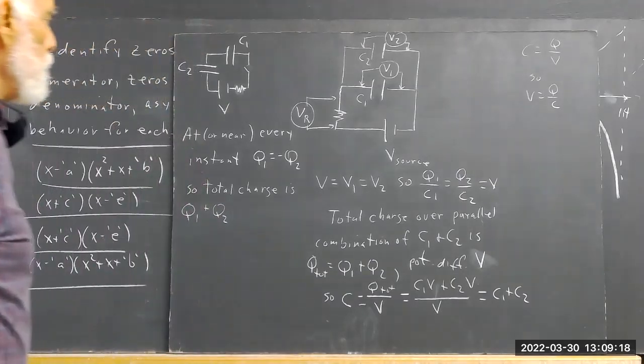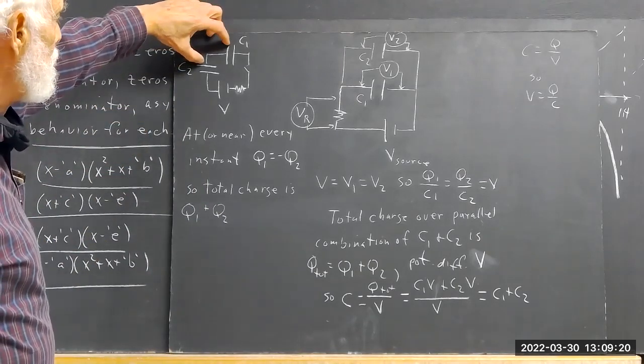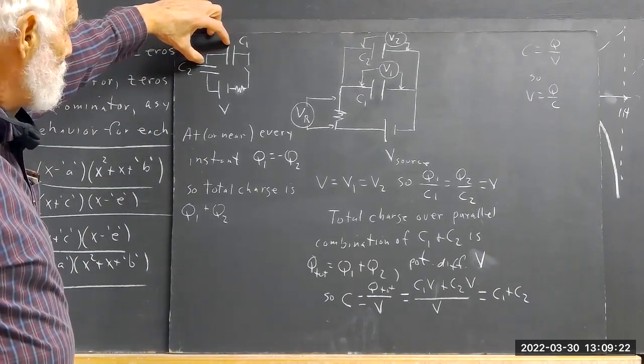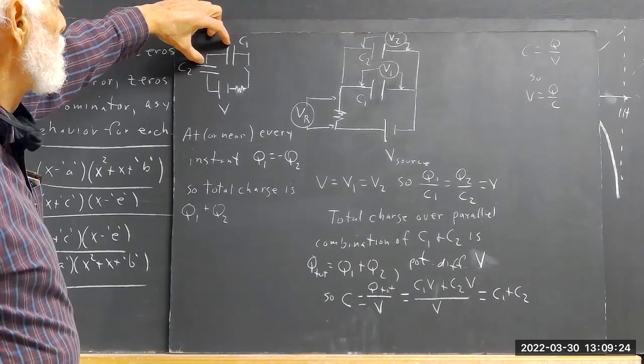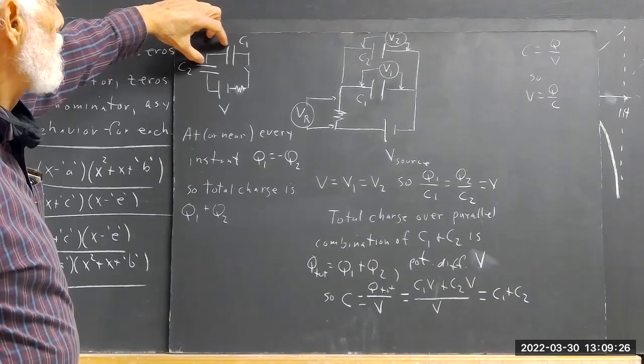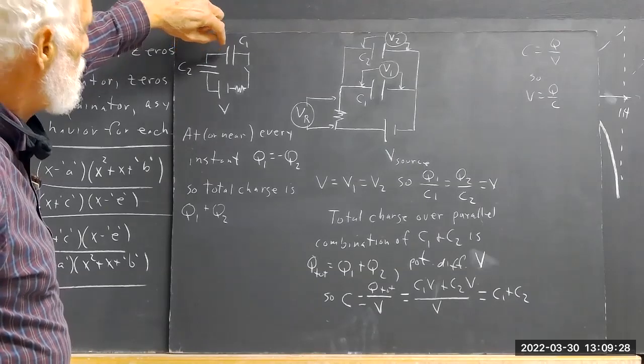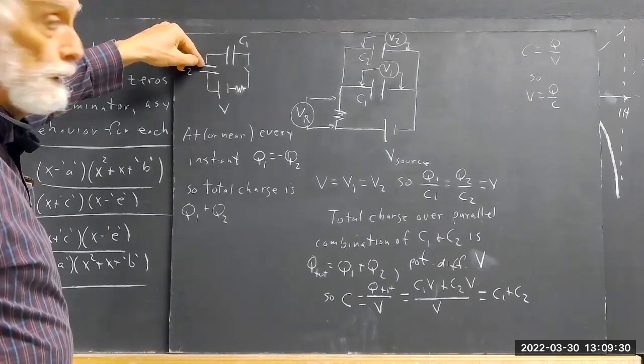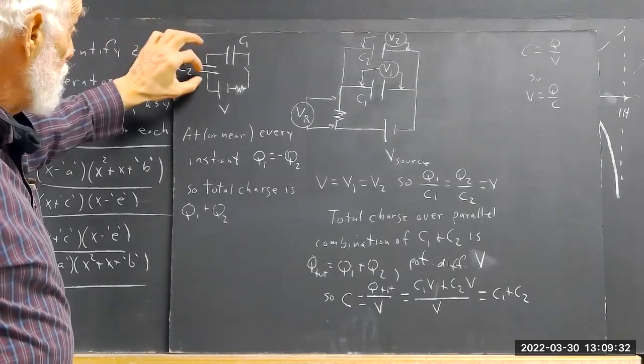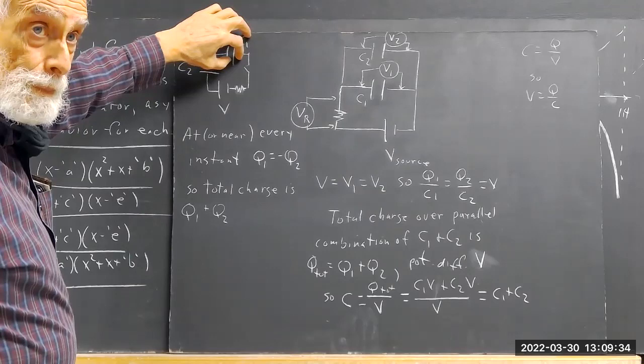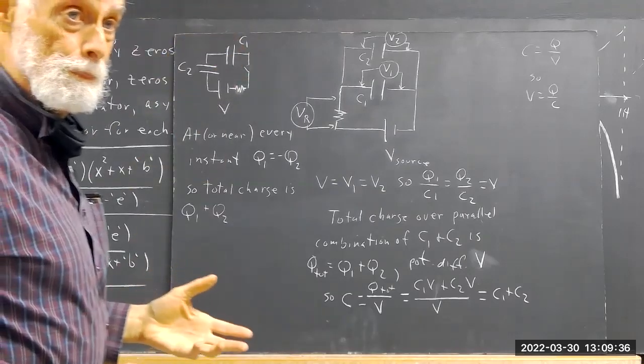Again, another reason you have total charges is there can't be any net charge between this plate and this plate. You have to have a gap before you can separate charge.